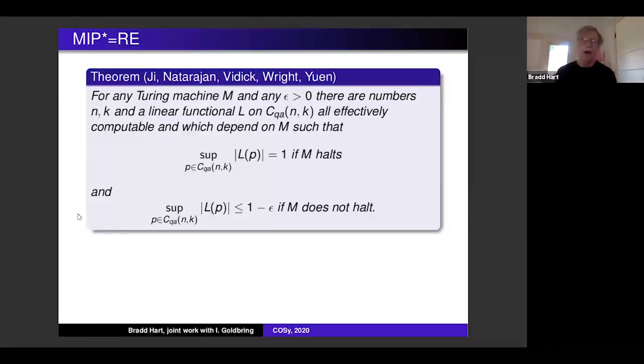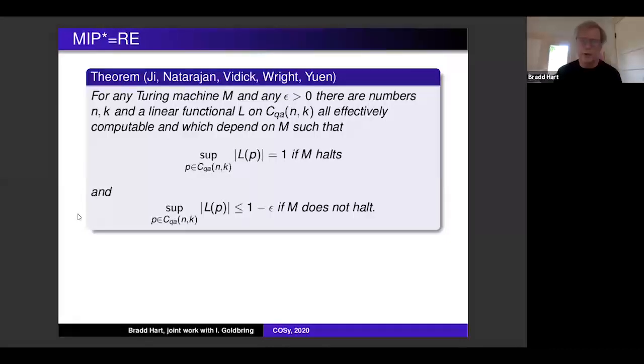If I take any Turing machine M and any epsilon greater than 0, usually you would think epsilon is a half or something, it doesn't really matter for what I'm saying, then I can explicitly find numbers n, k, and a linear functional L on the quantum correlation set. They are all given effectively.